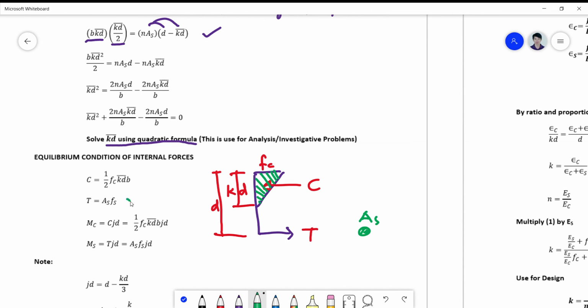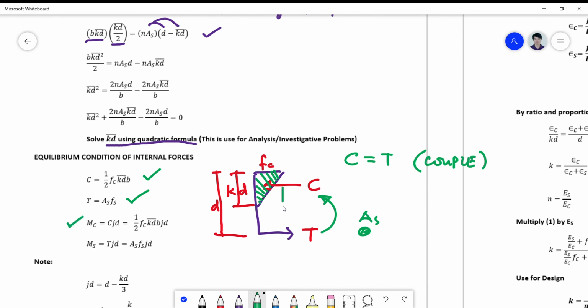Okay? And the moment is simply this couple because equilibrium of forces makes C equal to T. You call this now a couple. A couple is two forces which are equal in magnitude but opposite in direction. So you will constitute a moment here equivalent to Mc, which is C jd.